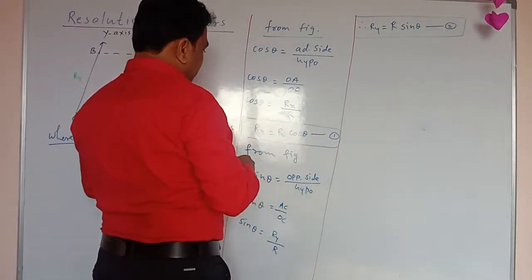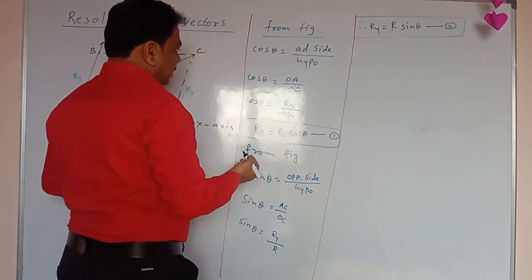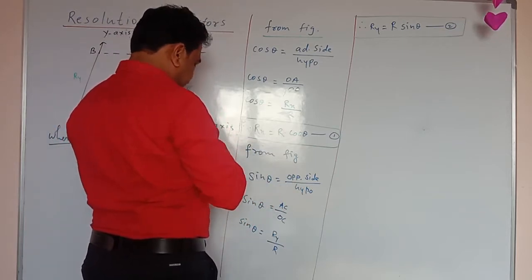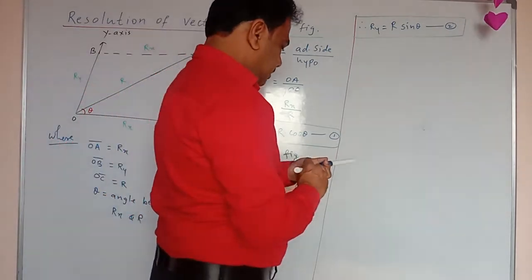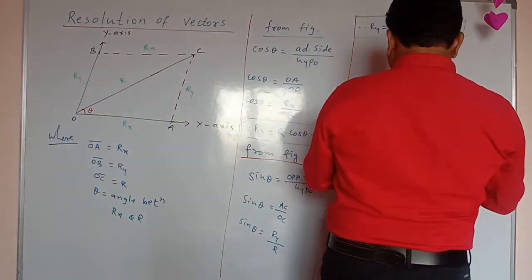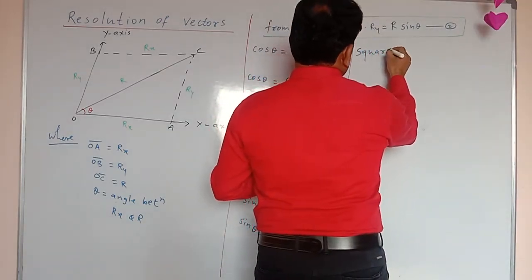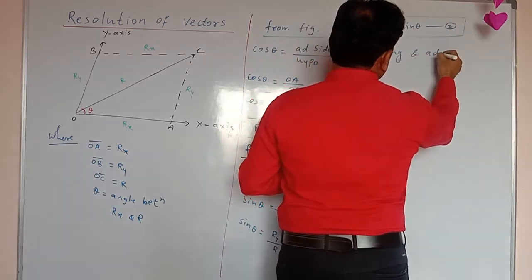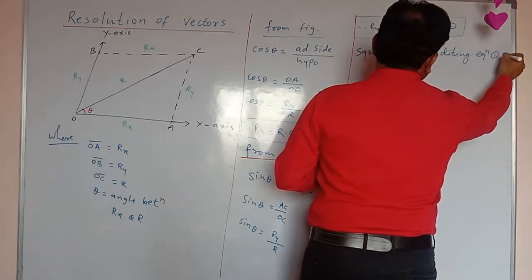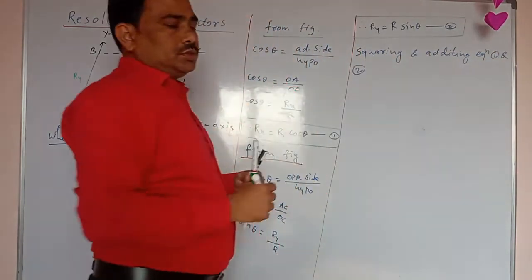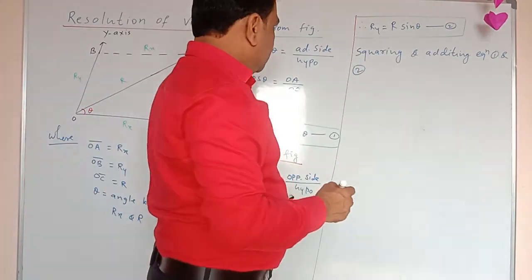Now try to solve the equation for resultant vector R. So to calculate the resultant vector R, we can write squaring and adding equation first and second. So equation first is for Rx, equation second is for Ry. So squaring and adding.